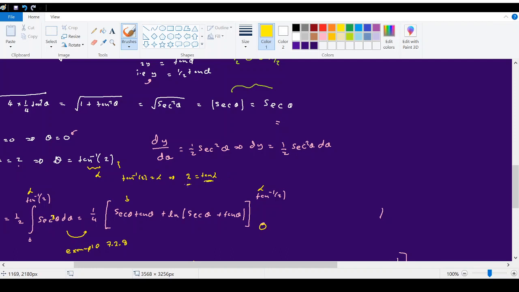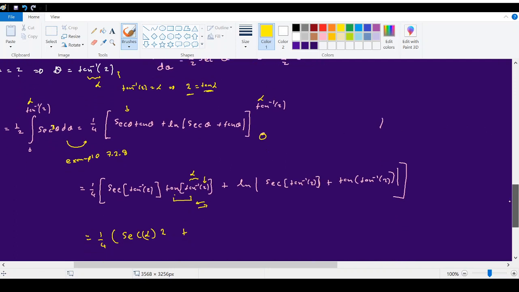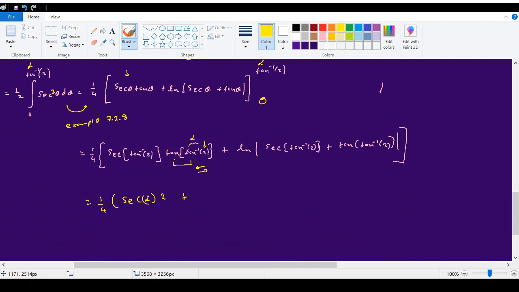So tan alpha is equal to 2, right? That's the same thing that appeared in here. See, if we represent tan inverse 2 as alpha, then together with this tan outside, you have tan alpha, which is equal to 2, right? And for the other term, you have sec alpha plus 2.